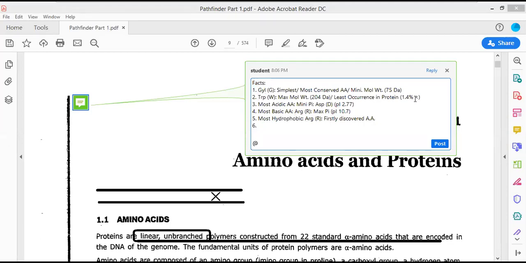The most acidic amino acid is aspartate. It has an isoelectric point of 2.77. You have to learn this by heart. The most basic amino acid is arginine, which has a maximum isoelectric point of 10.7. Most hydrophobic is arginine. Arginine was also the first discovered amino acid in nature.